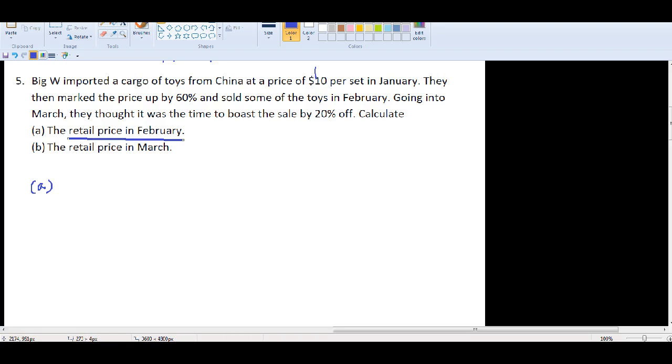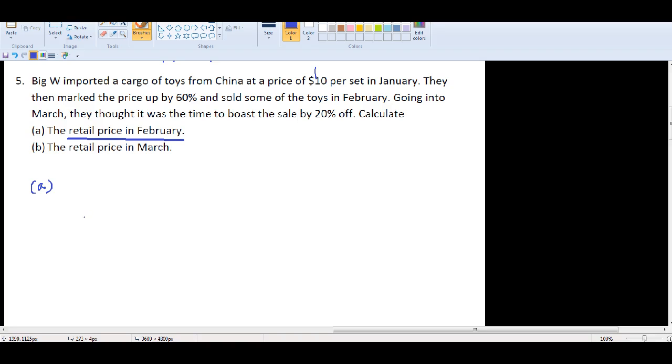The retail price in February is after the 60% markup on the cost price, before the discount. That retail price is actually the mark price for March. When we see retail price, you can't just assume it will be the retail price after discount, because it would be a different retail price at a different time.